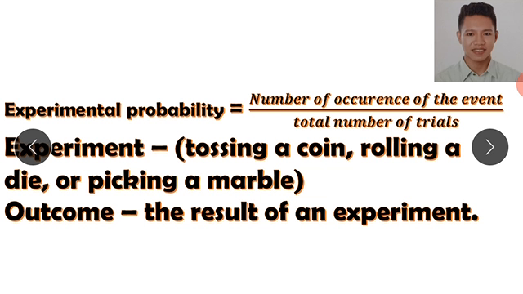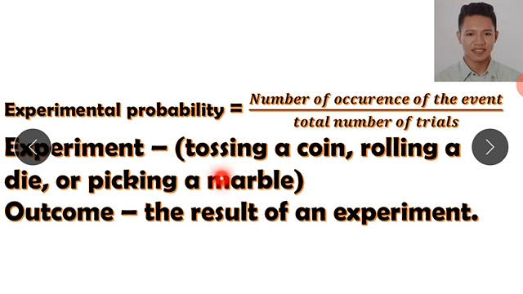So if I am looking for the probability of tail, then the numerator is 7 and the denominator is the total number of trials, which is 10 times.